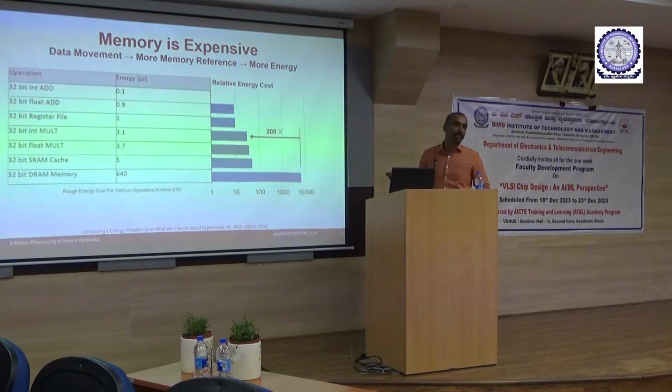One is arithmetic operations. The other is data transfer operations. This is an arithmetic operation: 32-bit integer addition takes 0.1 picojoules. This is taken as a reference here. If instead of 32-bit addition you want to do floating point, then it takes 9 times the power.